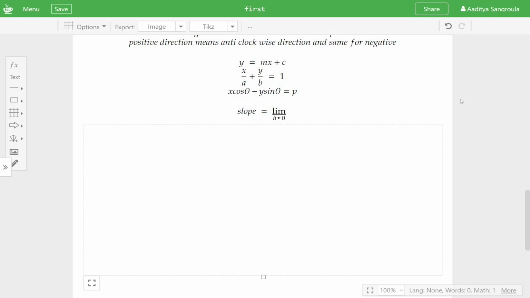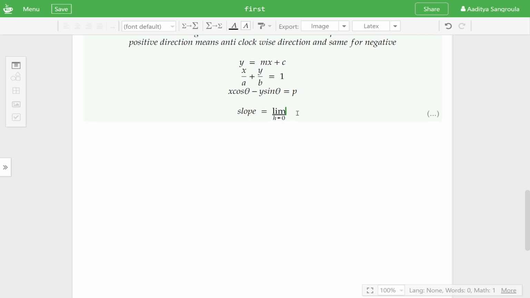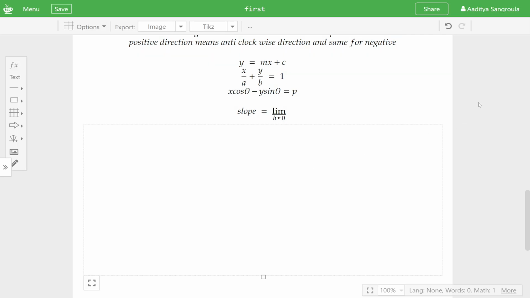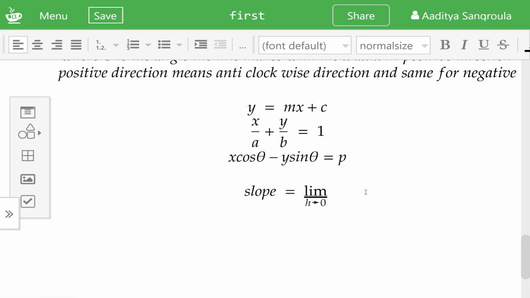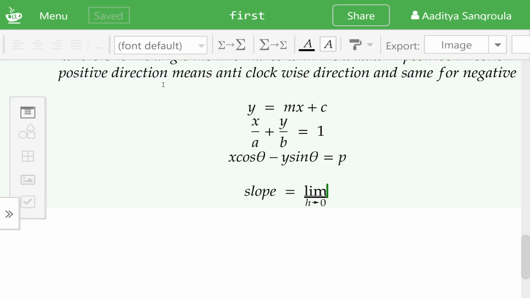Limit as h approaches 0 of a function. So we are having a limit of a certain function, right? We are looking at the limit of a function, and what is that function going to be?